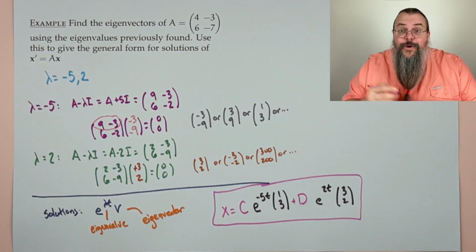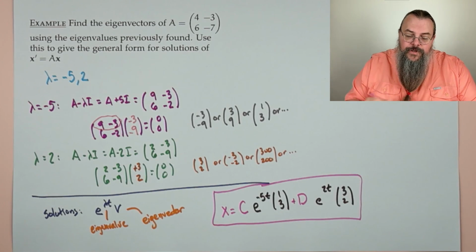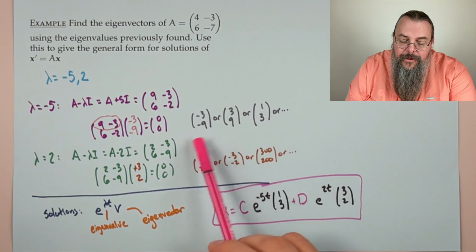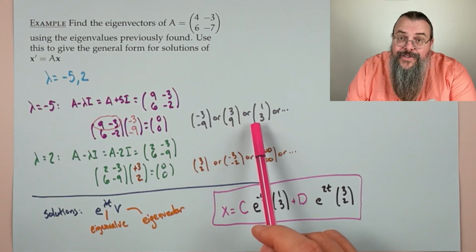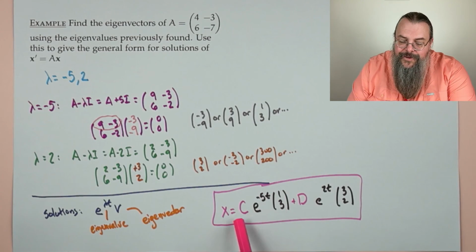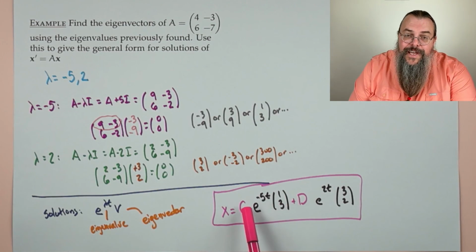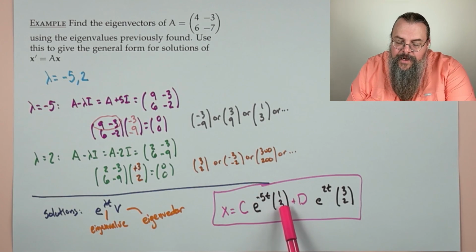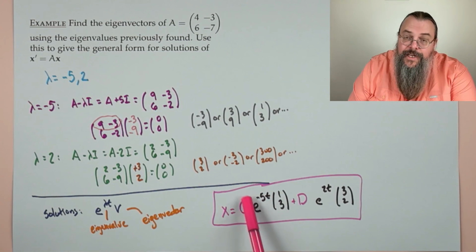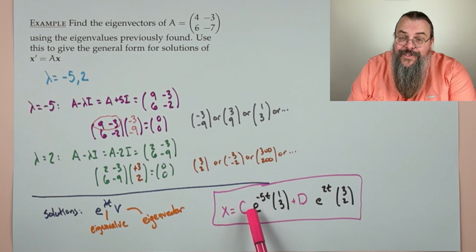Now, I said, why don't we care about which one we use? Well, how do they differ? They differ by a constant scaling factor, right? And notice, what do we have here? A constant scaling factor. So that's why if I had written down a 3, 9, I could pull a 3 out and it would get absorbed into the constant here.